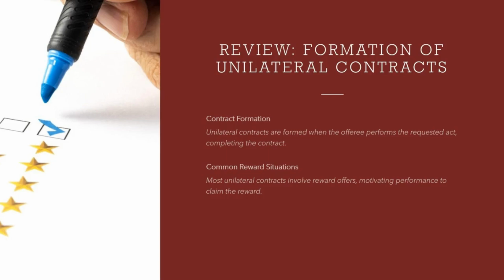That completes the contract. It's an interesting anomaly about unilateral contracts. And unilateral contracts frequently fall into the common situation of a reward. There's a motivation to perform and claim the reward for something, the poster hanging, find my cat, and I'll pay you cash.